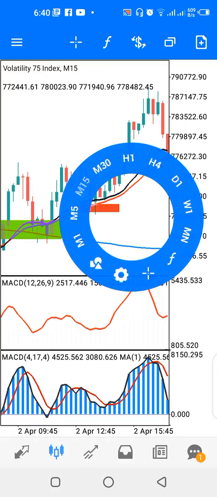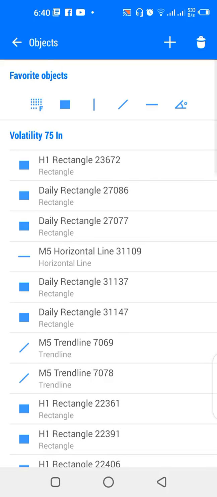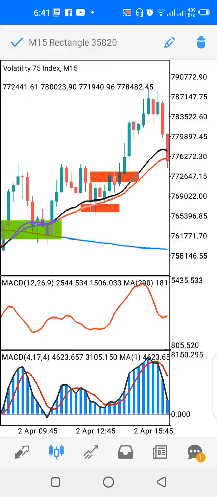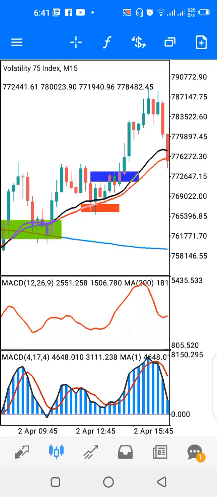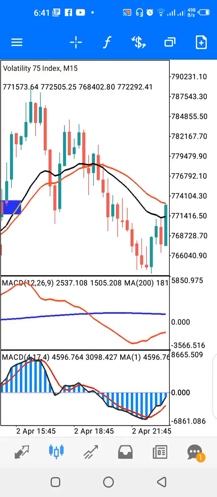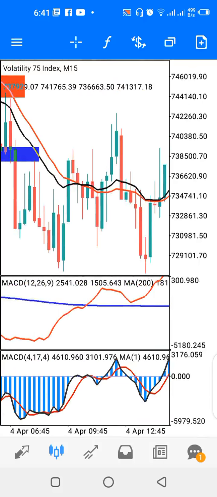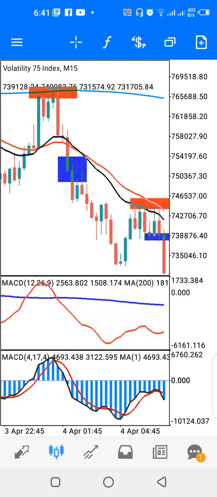And then the break of the high, somewhere around here, should be your buy entry. So that's basically how the strategy works. It's a very good strategy. That's for the main chart.